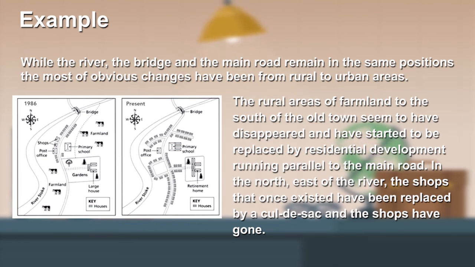The rural areas of farmland to the south of the old town seem to have disappeared and have started to be replaced by residential development running parallel to the main road. In the northeast of the river, the shops that once existed have been replaced by a cul-de-sac and the shops have gone.